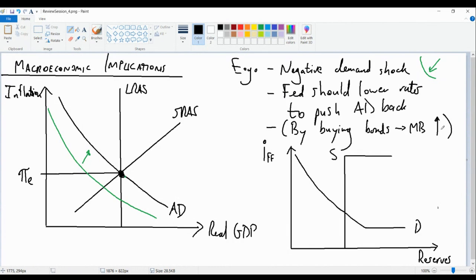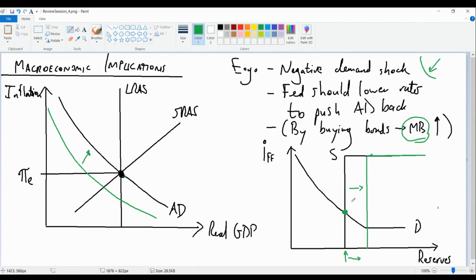So if this is just a regular common recession, as opposed to these existential crises we've been dealing with since 2008, then the Fed is buying bonds, and that's raising reserves. So this number here just goes up. You have a new supply curve, there.